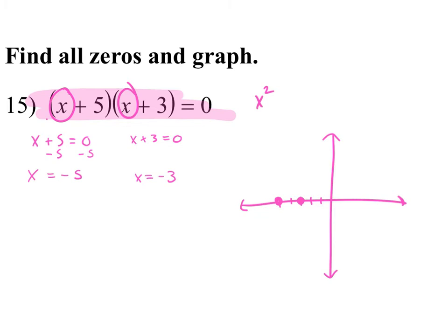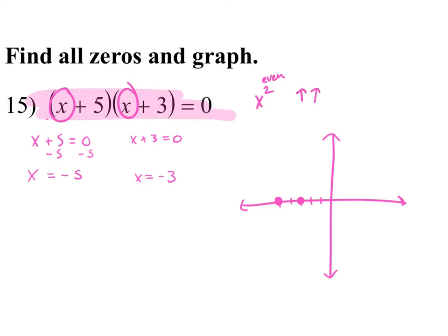So what does that tell us about our right arrow? That it's positive, so it goes up. And then, is this even or odd? Even. 2 is even. So do they go in the same direction or opposite directions? Same. So our ending arrows go up and up.